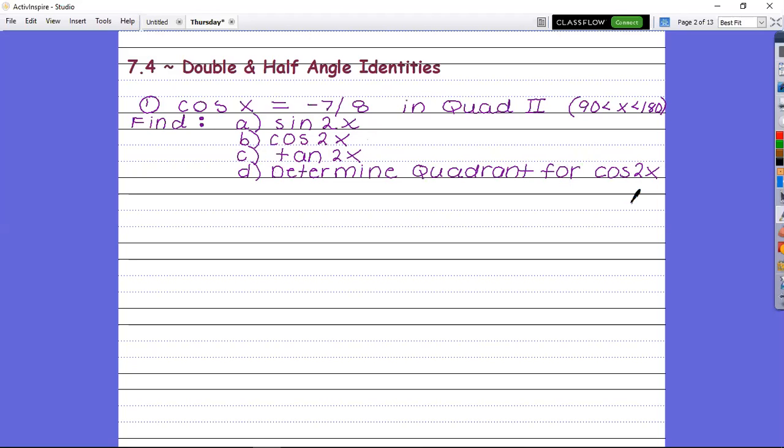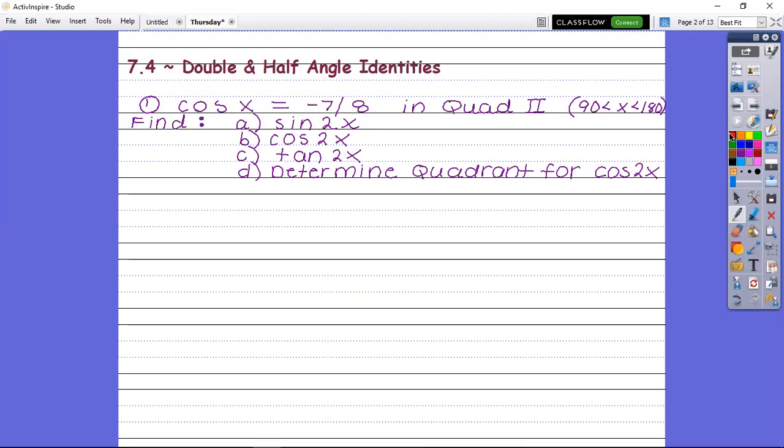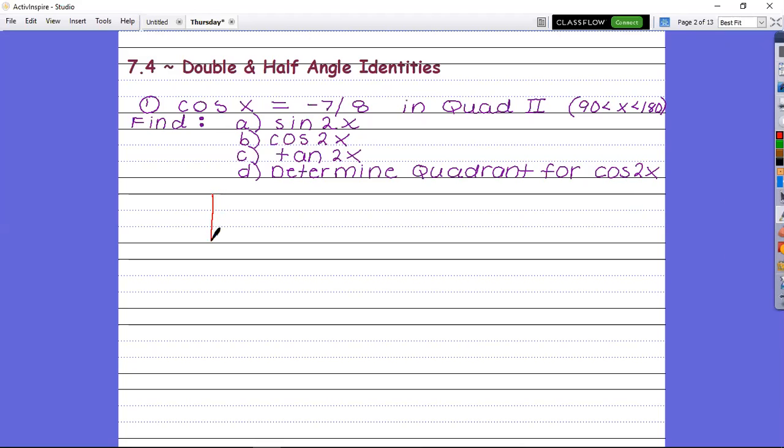Kind of like you did last week, the smartest thing to do with these is to begin by drawing the picture. So on the side here, I am going to sketch a triangle located in quadrant 2. Second quadrant triangle, again, every single time.